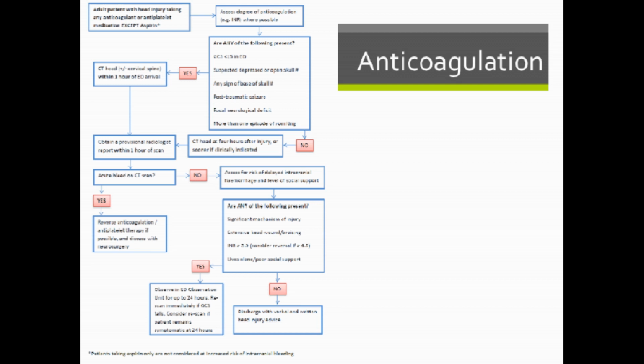Even if that 4-hour CT scan is normal, if there are any further risk factors present, such as a significant mechanism of injury, extensive head wound or bruising, an INR above 3, or lives alone with poor social support, then those patients should be observed for up to 24 hours and re-scanned immediately if the patient deteriorates or becomes symptomatic.